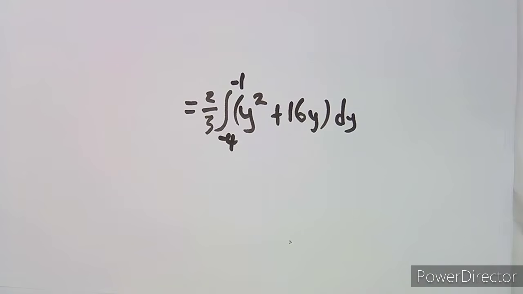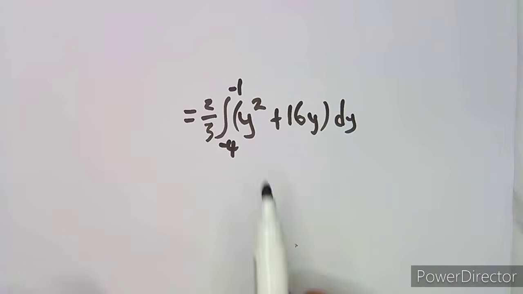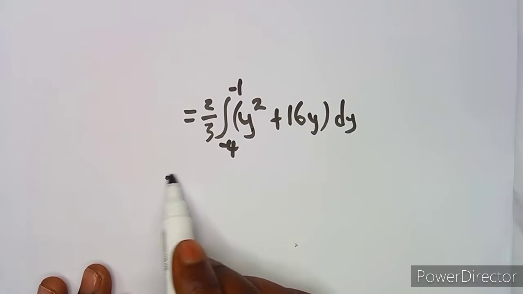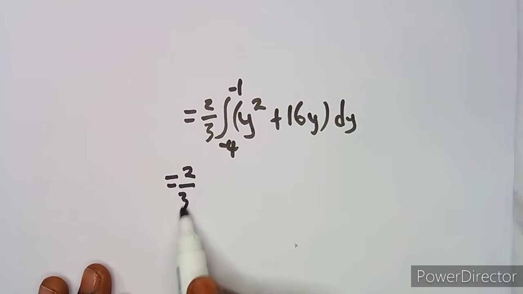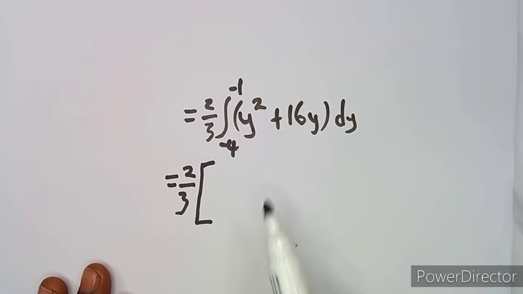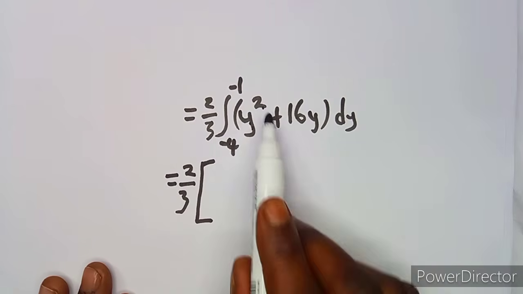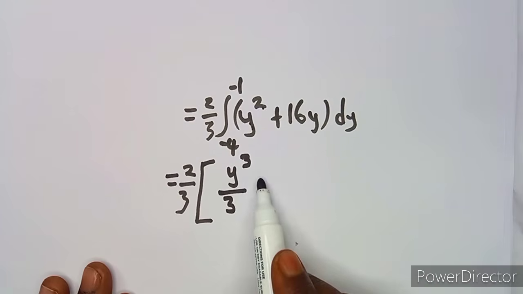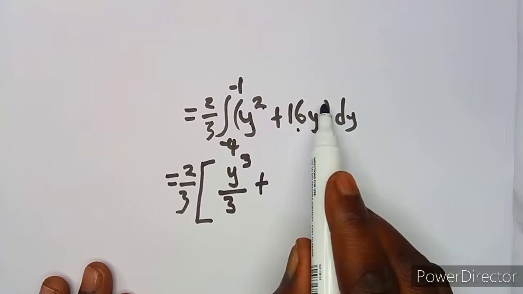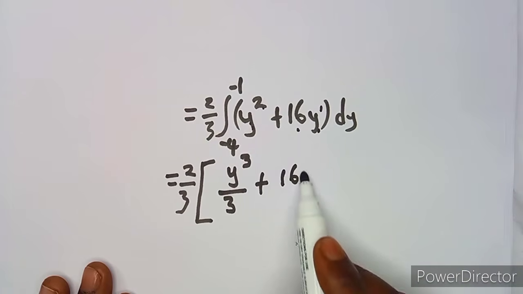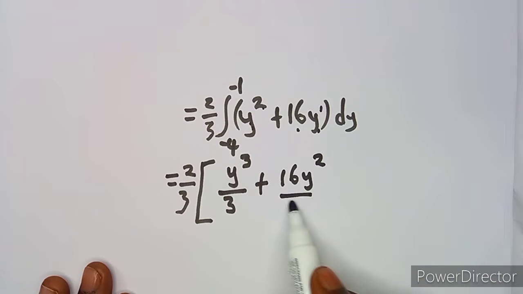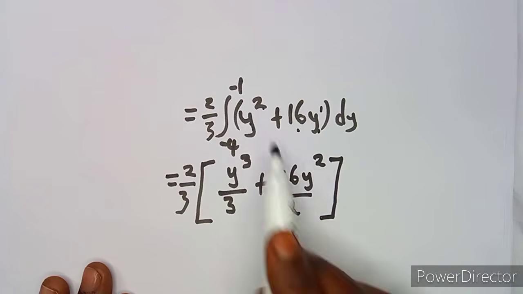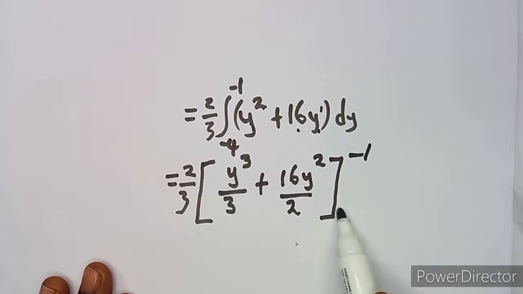So now we have got an easier, simpler integral that we can do, because we are now left with y squared. So let's integrate. I think at this stage we are now much familiar with this. Y squared we are going to add an exponent, which is y to the exponent of 3 over 3, plus 16y, this is 1, so it's going to give us 16y to the exponent of 2 over 2, and we've got our limits here, which is -1 and -4.